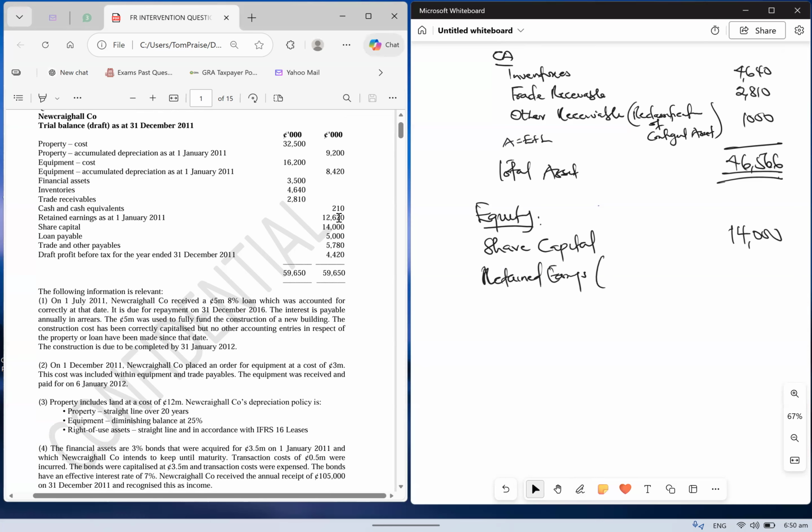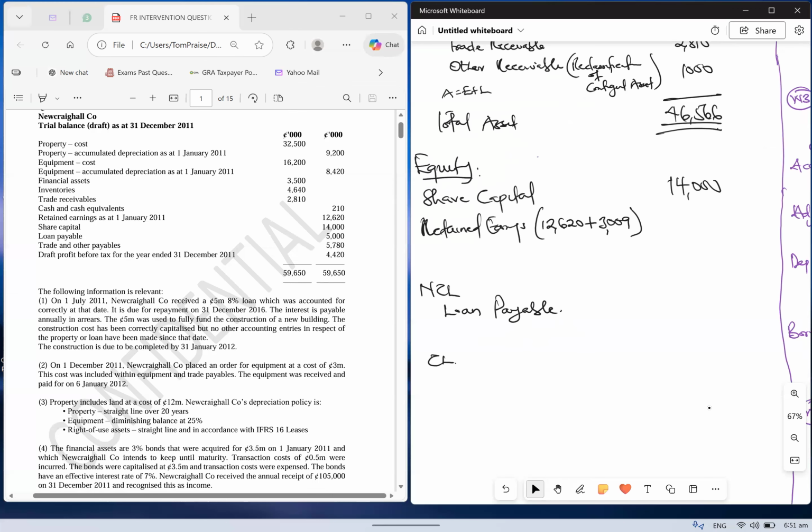Opening balance 12,620. Then what we had, 3,009, right? You add your 3,009. So get that one for us. Then you can go to your NCL and the CL. The NCL, we have the loan, right? The loan payable is 5,000.